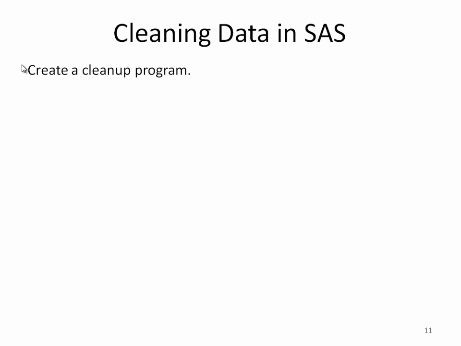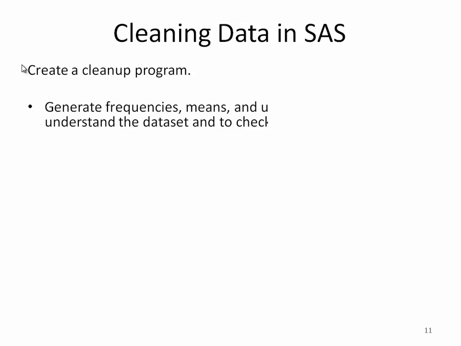So once you have your permanent data sets created from the raw data sets, you can have a separate program that does the data cleaning and generates cleanup queries. In the cleaning program, I like to generate frequencies and means, and sometimes univariate statistics on all the variables.